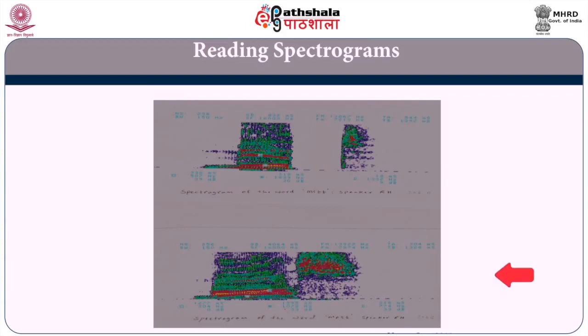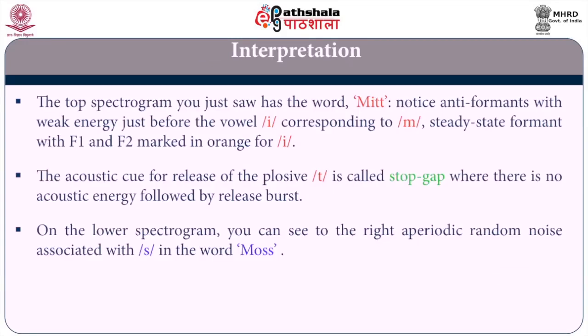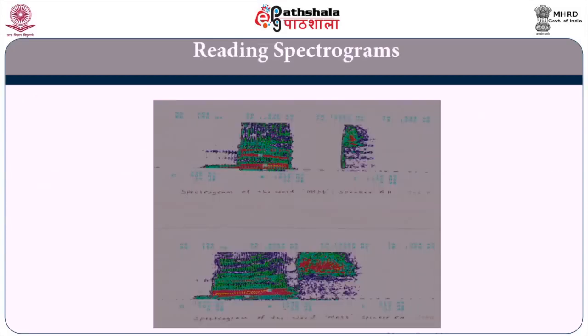This bottom spectrogram corresponds to the word moss. The acoustic cue which I said, aperiodic noise, is very clearly visible here on the rightmost side of the spectrogram, where you don't see formants at all.